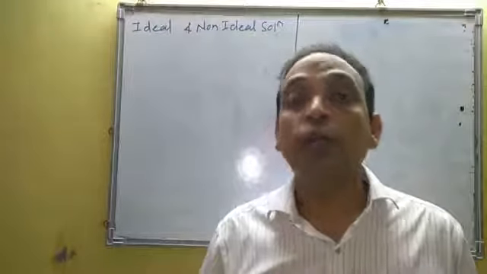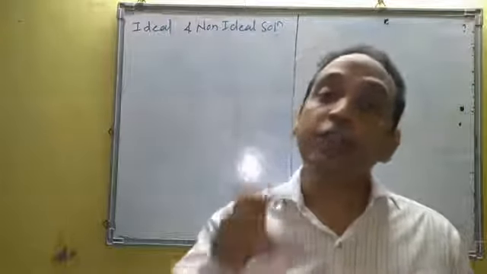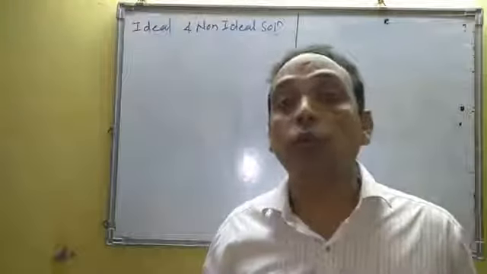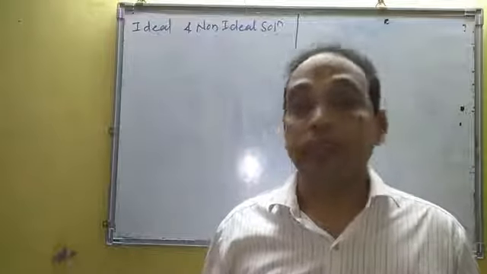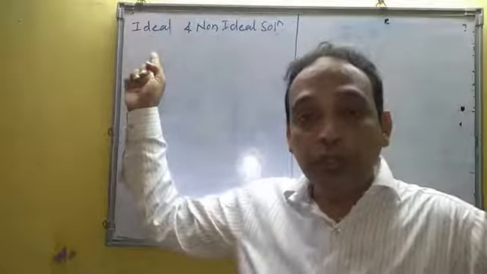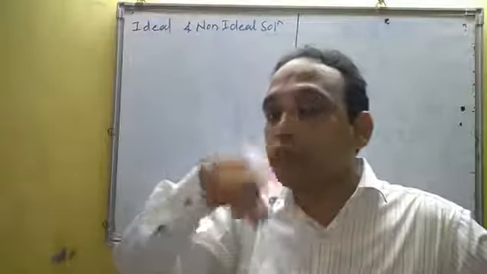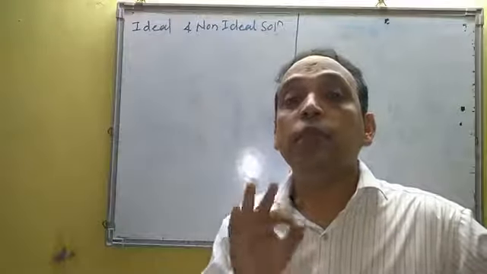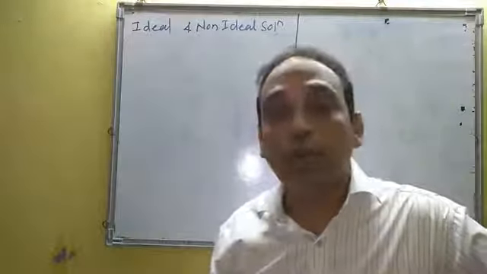A solution which obeys Raoult's law over an entire range of concentration. And non-ideal solution means one which does not obey Raoult's law over an entire range of concentration. So what do I call an ideal solution? A solution which obeys Raoult's law over an entire range of concentration. And what is a non-ideal solution? A solution which does not obey Raoult's law over the entire range of concentration.